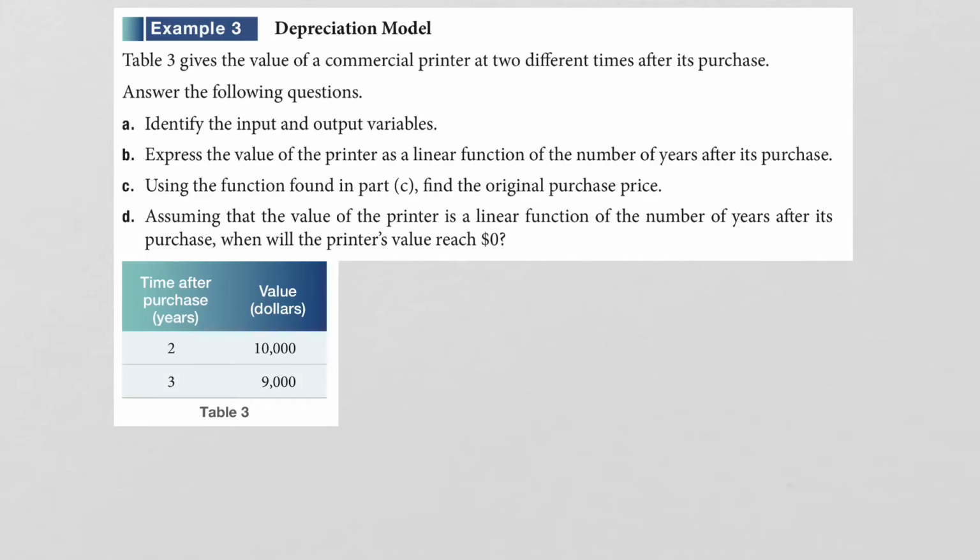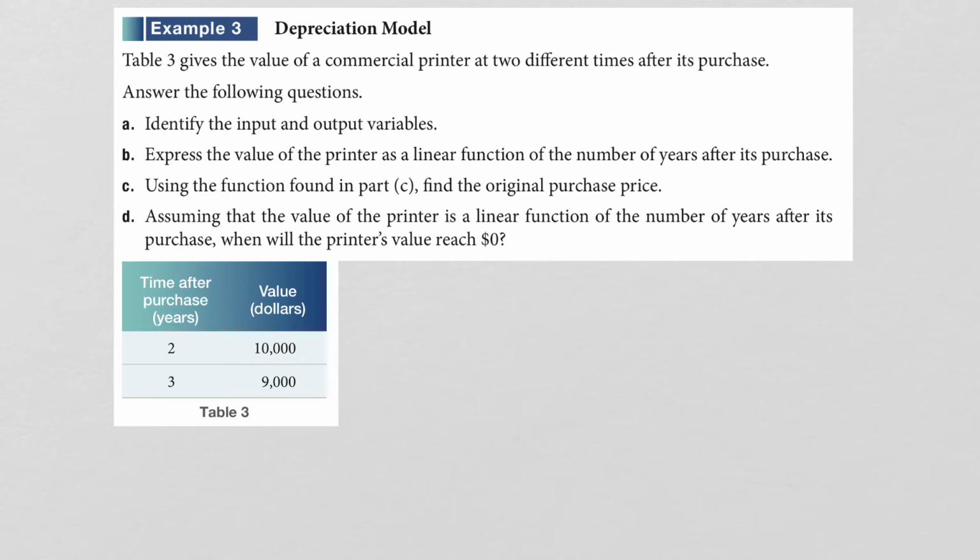And in our next example, we have a depreciation model. It says that table 3 gives the value of a commercial printer at 2 different times after its purchase. So you can see here in the table, after 2 years, the value of the printer is $10,000, and after 3 years, the value is $9,000. So in part A, it says to identify the input and output variables.